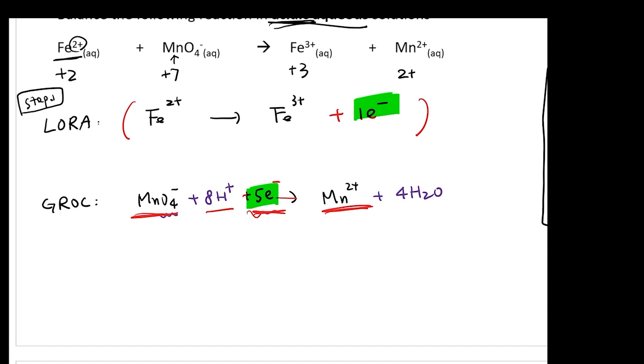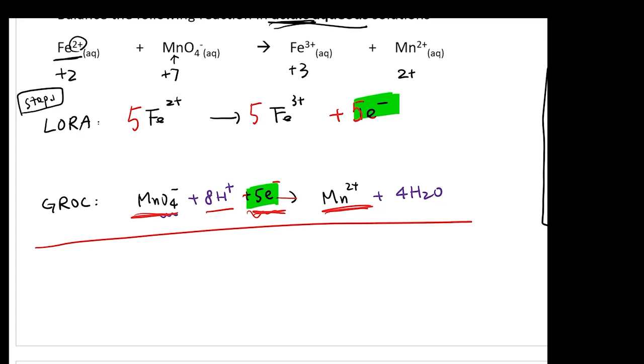So in this case, you need to multiply by 5. So in the end, what you're going to have is 5Fe2+ becomes 5Fe3+, and then totally you have 5 electrons given out. And then once you do that, you can just add them all up.